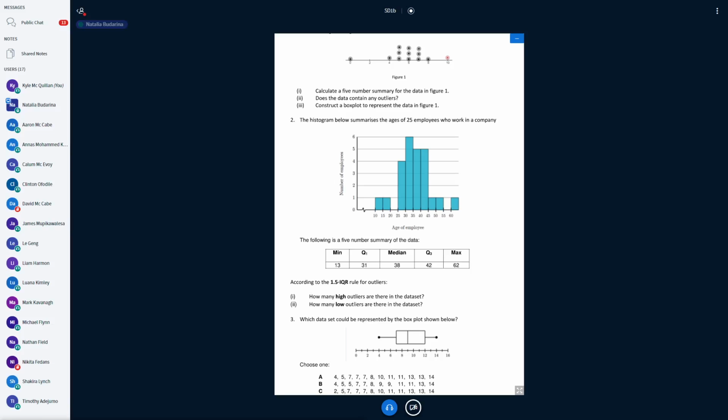What do you think? Do we have outliers here?